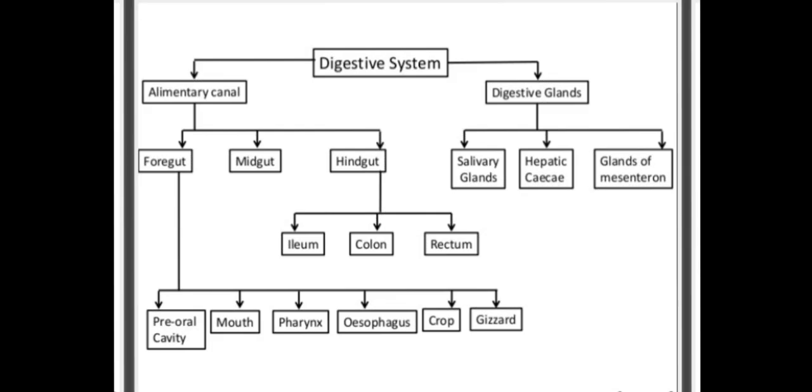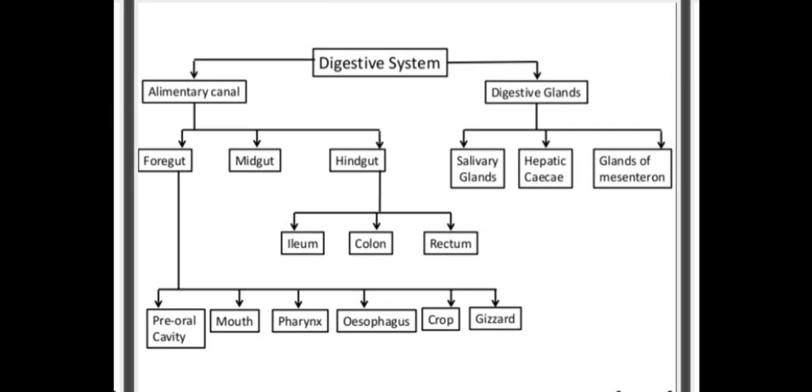The hepatic ceca secrete enzymes like trypsin, protease, and peptidase.